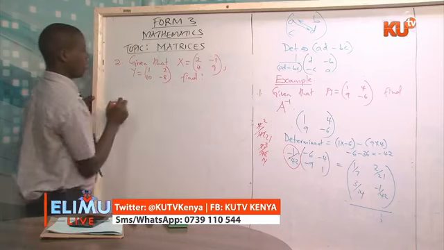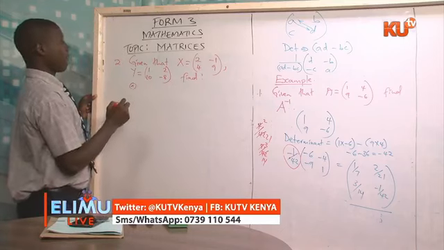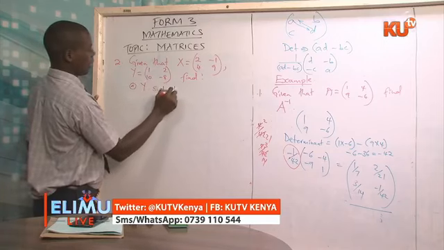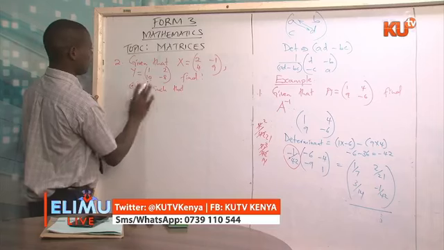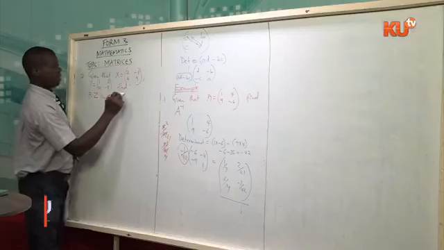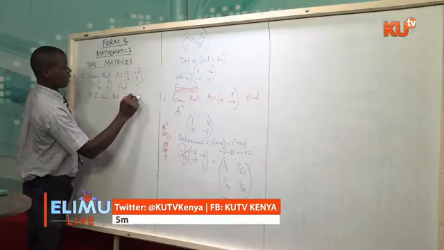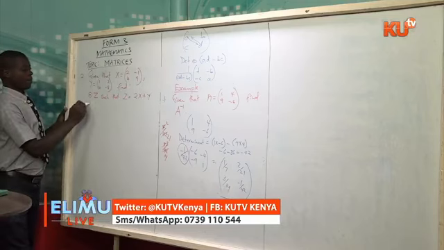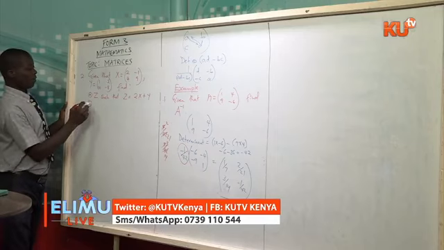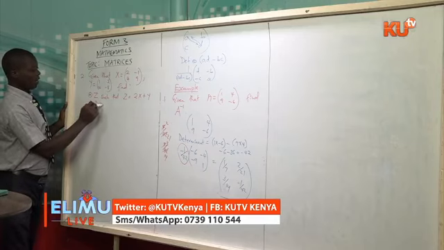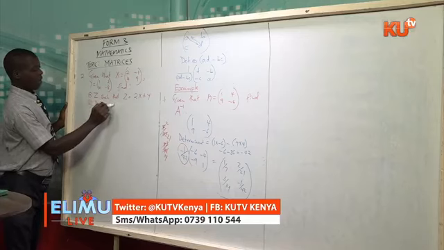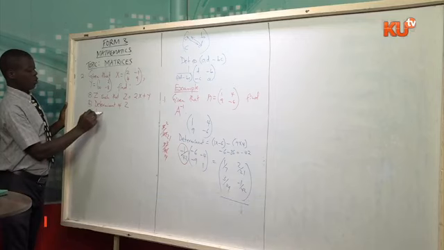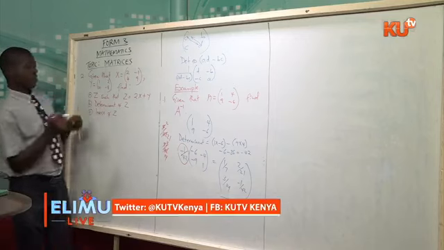Find, A, Z such that Z is equal to 2X plus Y. Part B will now have to get the determinant of Z, and C the inverse of Z.